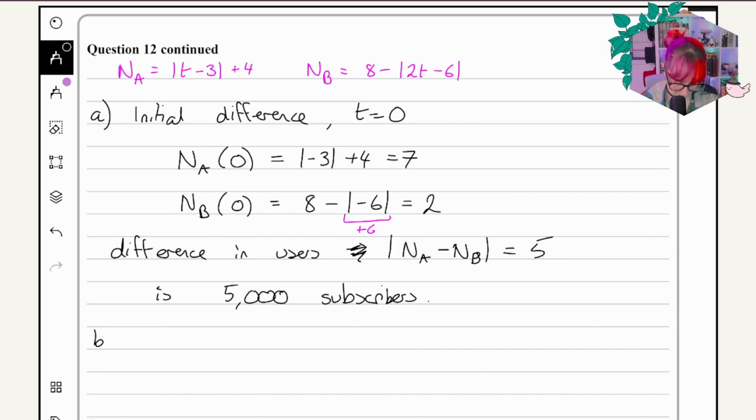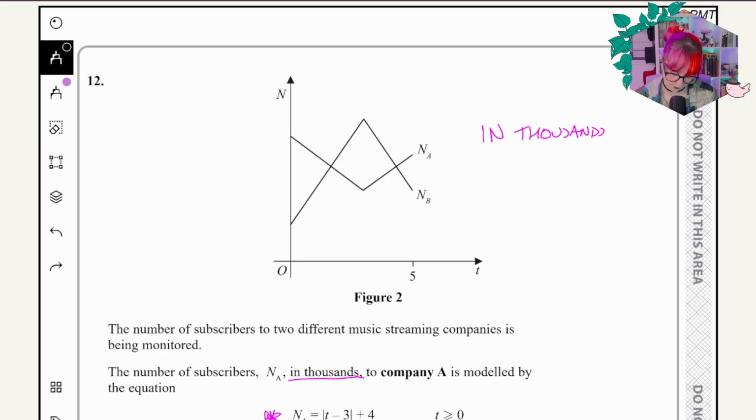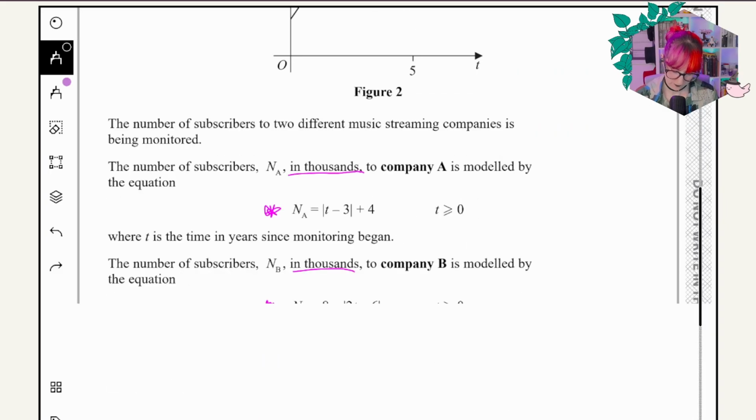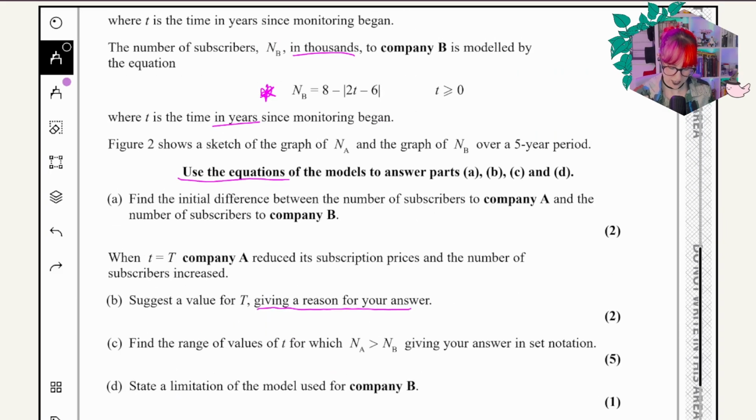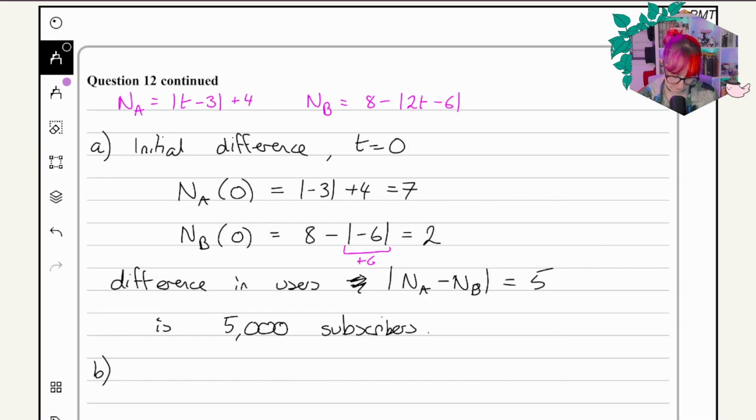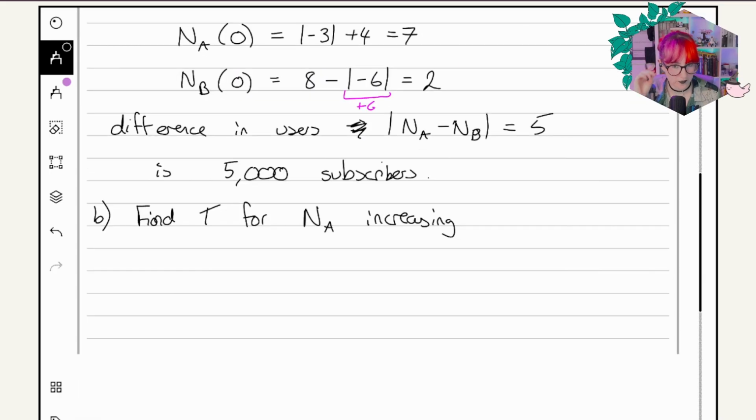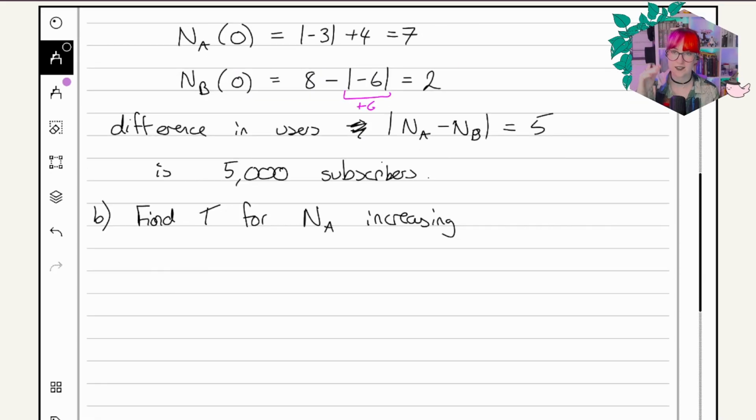Okay, part B. Part B was suggest a value for T, when company A reduced its subscription prices and the number of subscribers increased. So we're trying to find a point when NA suddenly starts increasing.